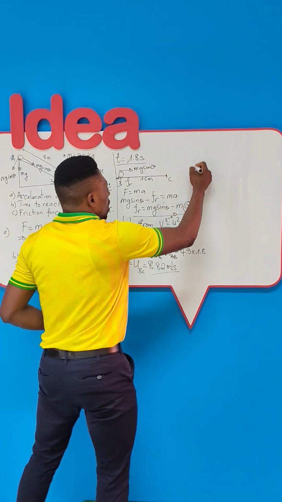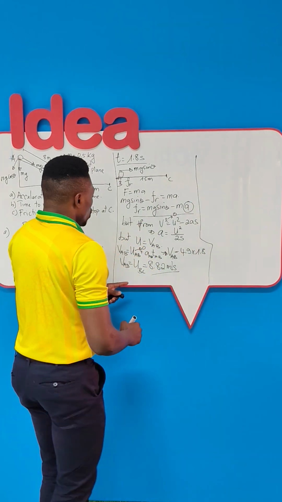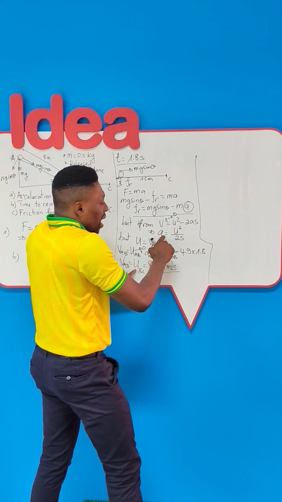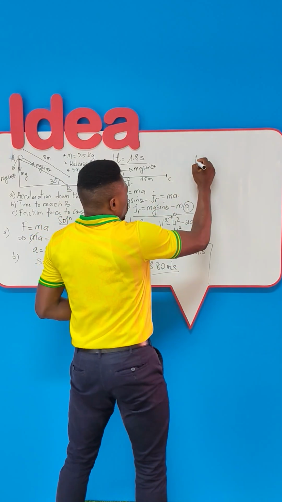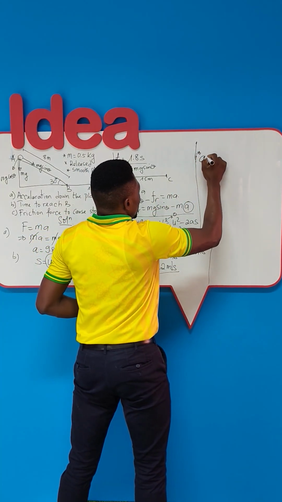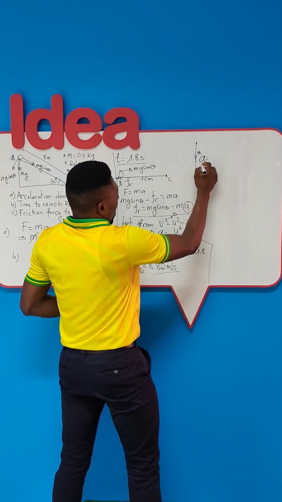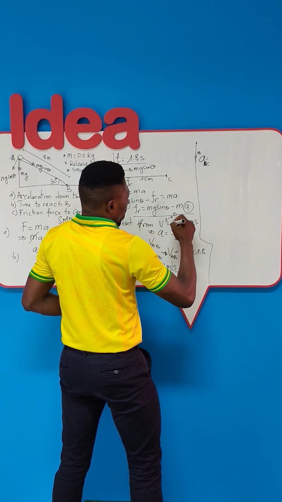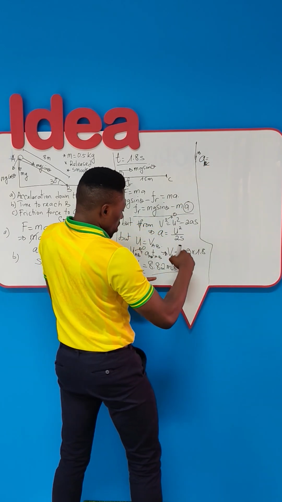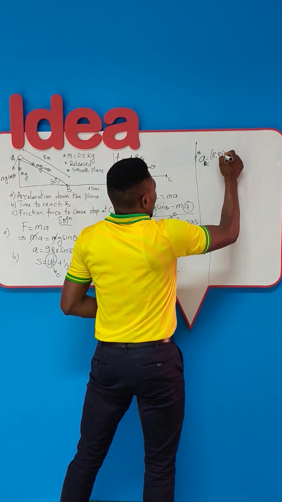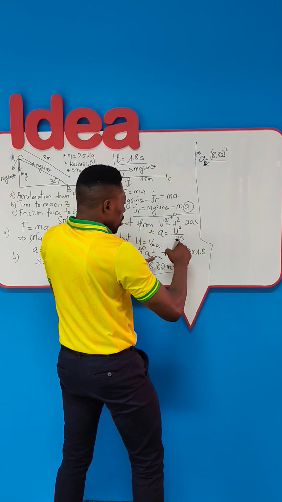Be careful with units. Now let us round up with this. With this value of u, we are going to obtain our deceleration. So a of BC is going to be equal to u squared, 8.82 squared, divided by 2s.